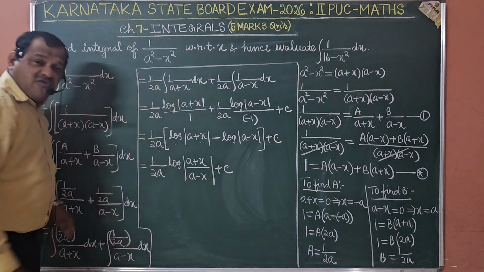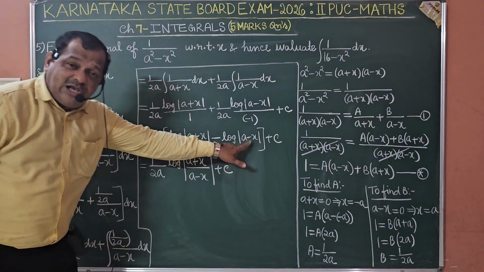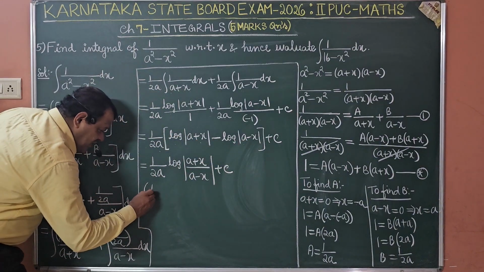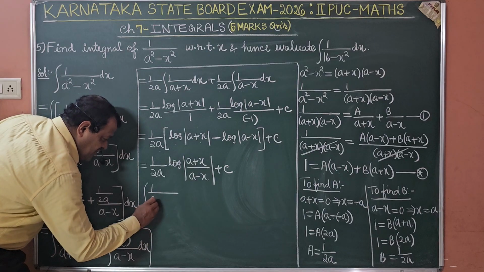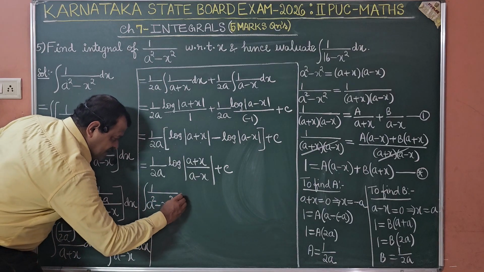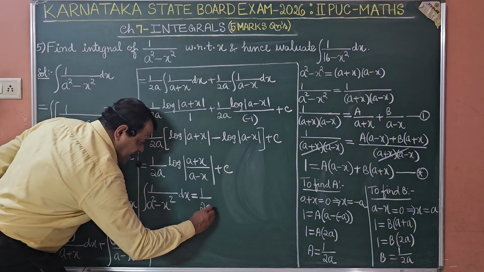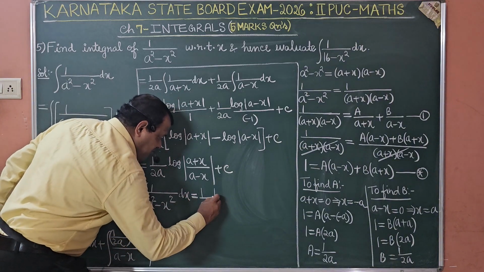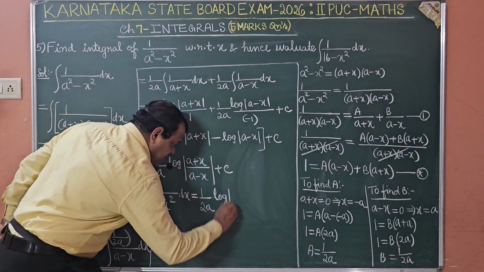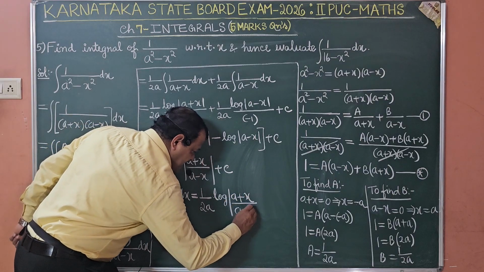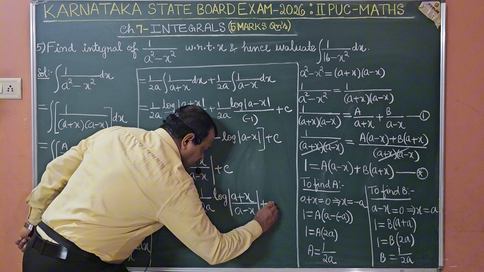What is the second law of logarithms? Log m minus log n is log of m by n. In other words, we got the final formula: integration of 1 by a square minus x square dx is equal to 1 by 2a into log of mod of a plus x divided by a minus x base e plus c.